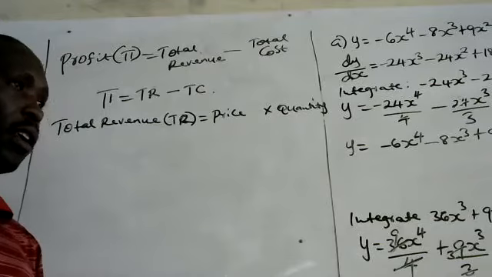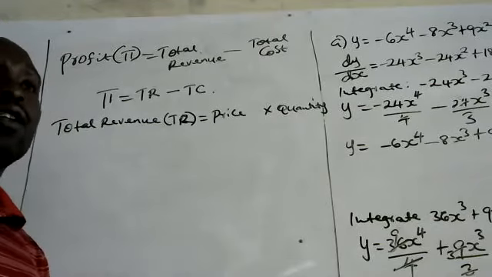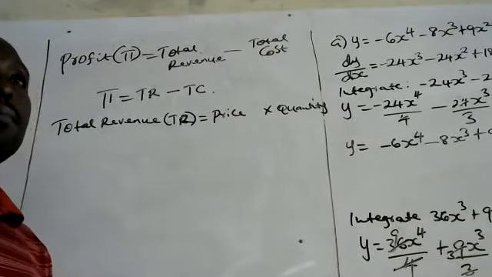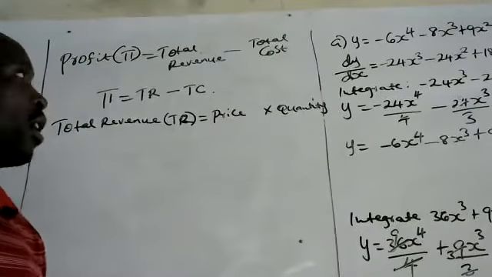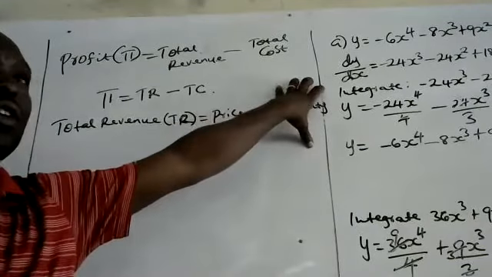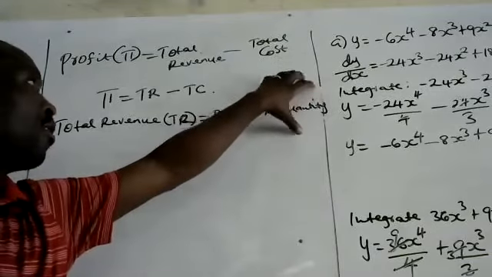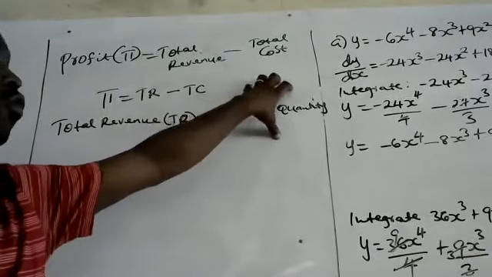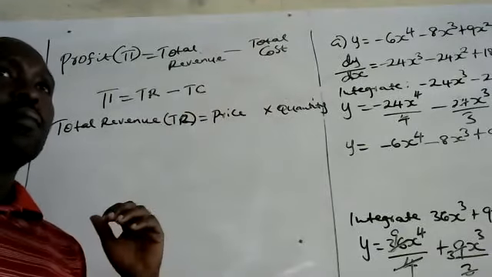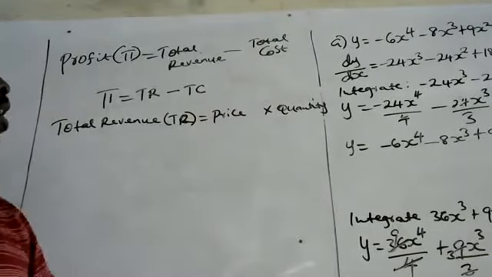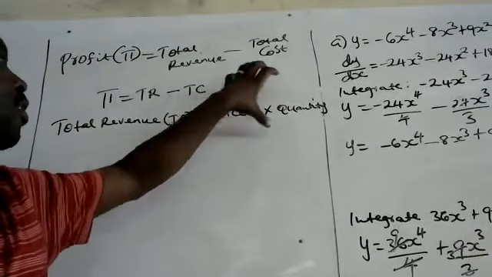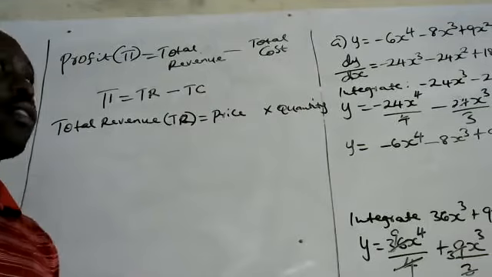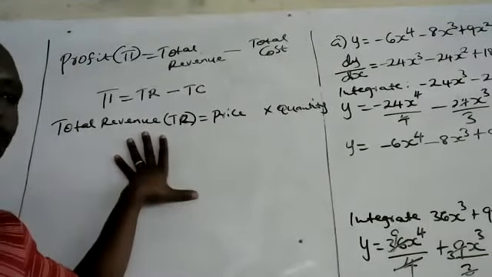If, for example, I'm selling a particular item and those items are identical, the revenue that I'm going to raise in a particular day or period is the quantity that I sold times the price of each item. So if I sold 100 items, each item being sold at 100 shillings, then my revenue will be 100 shillings times 100 items. So I'm going to get 10,000 as my total revenue.